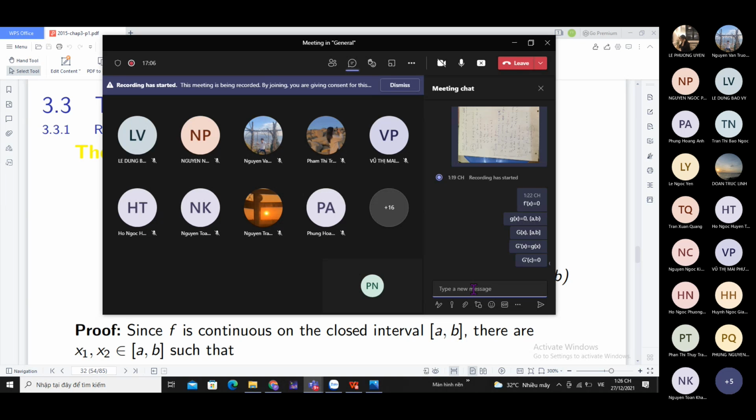Normally, we consider a function capital G so that the derivative of capital G equals the function small g. Okay? And in mathematics, what does it mean? It means the function capital G here is called an antiderivative of the function small g.